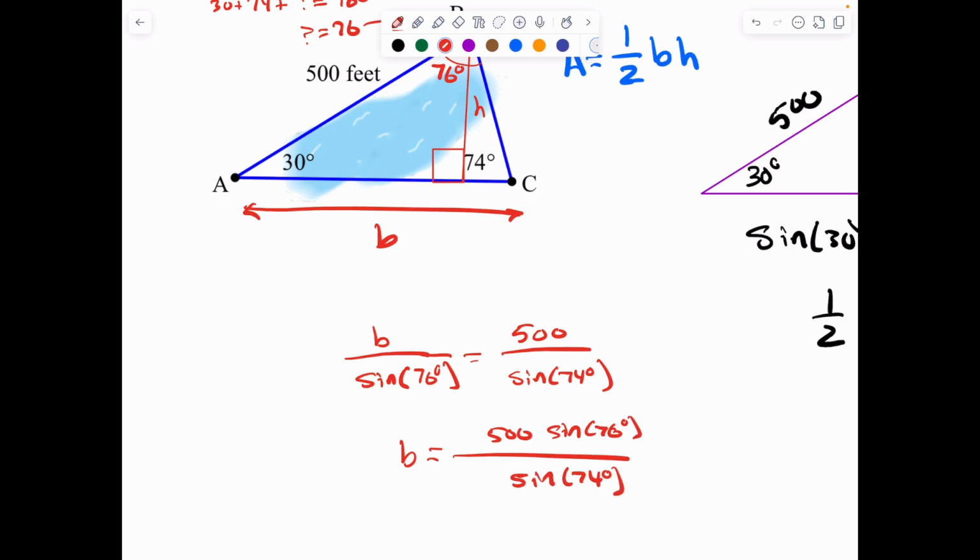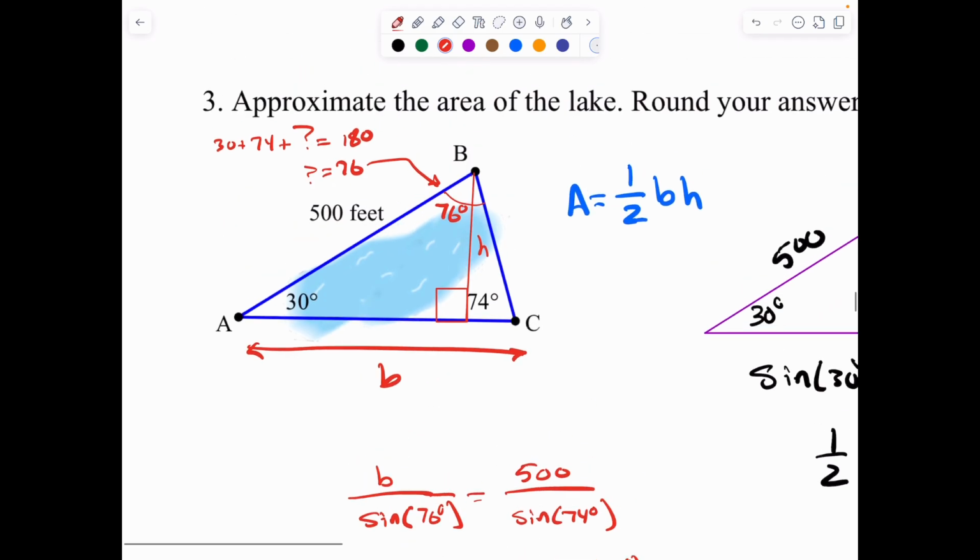I'm going to go ahead and type this into my calculator. Hopefully it is. We have our two angles: 74, and 500, and 76.